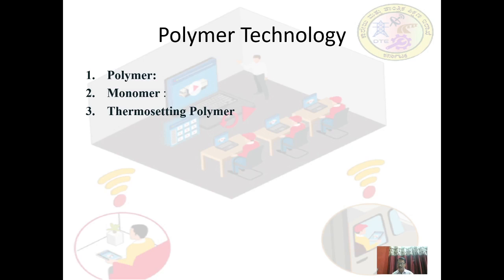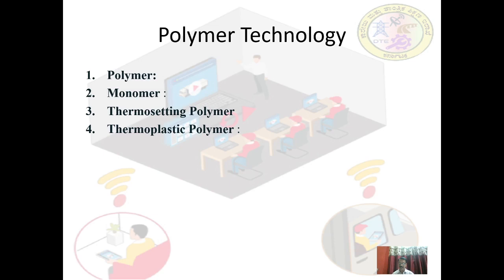Another type of polymer is thermoplastic polymer. These are polymers composed of monomers that are linear or have moderate branching.